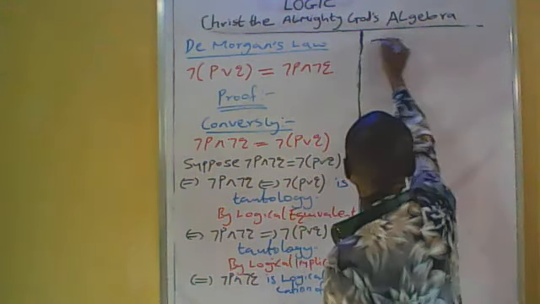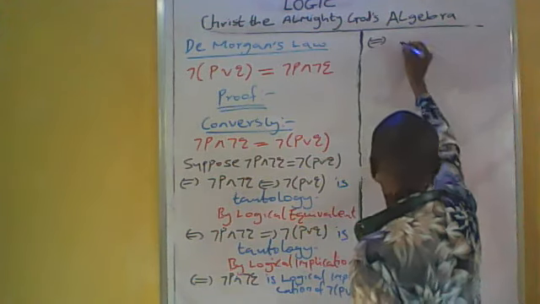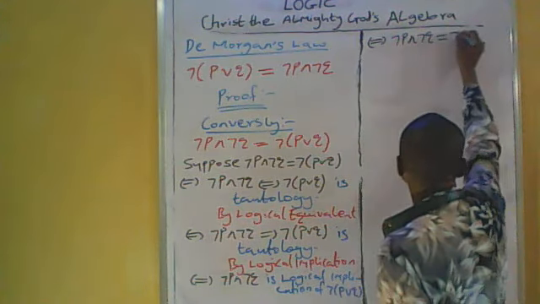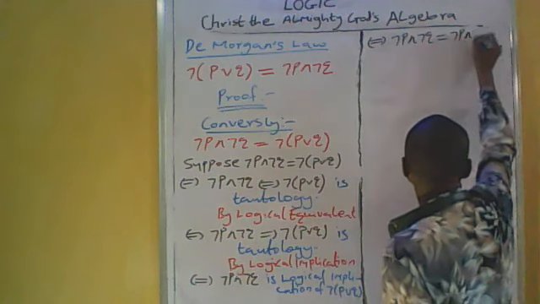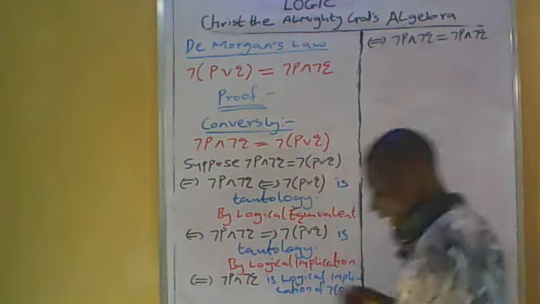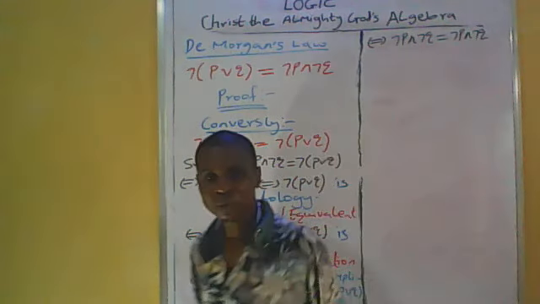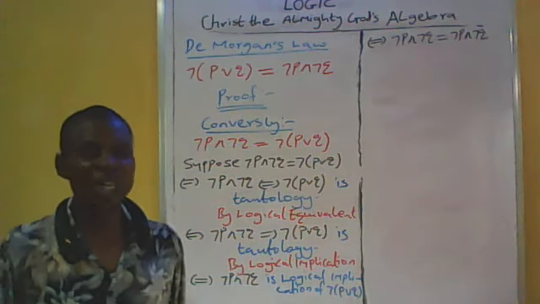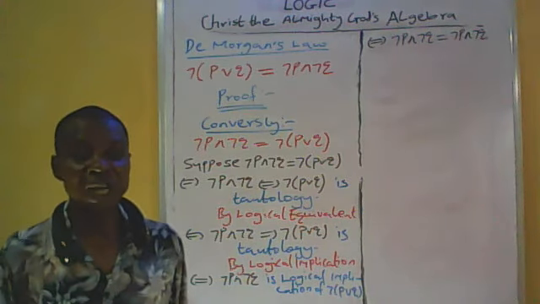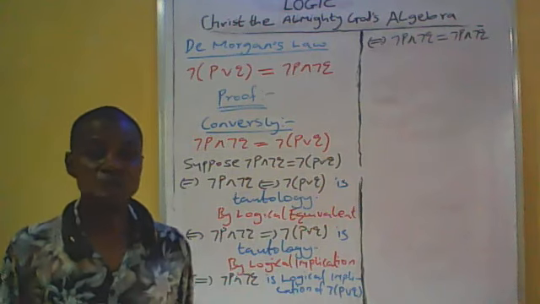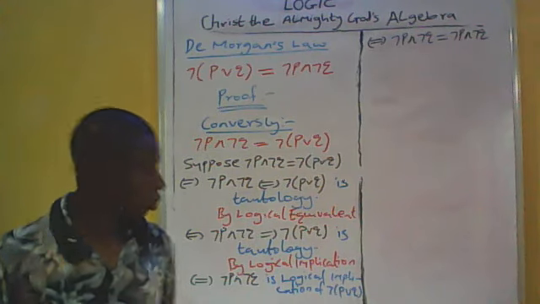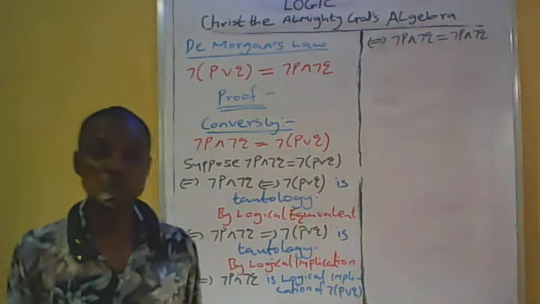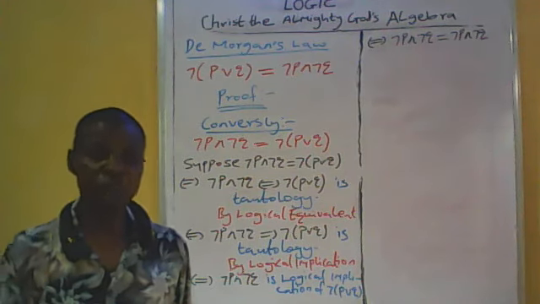Say if and only if not P and not Q is equal to not P and not Q. That means the logical implication is equal to itself. So if not P and not Q is a logical implication of not bracket P or Q, it is also true that the logical implication is equal to itself.